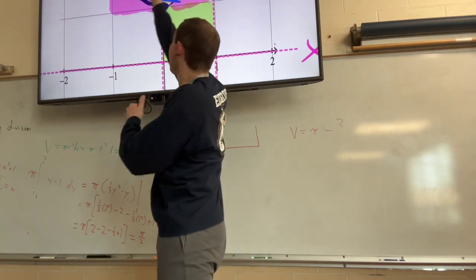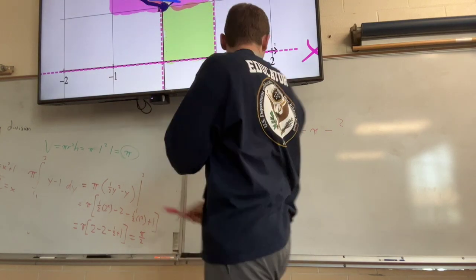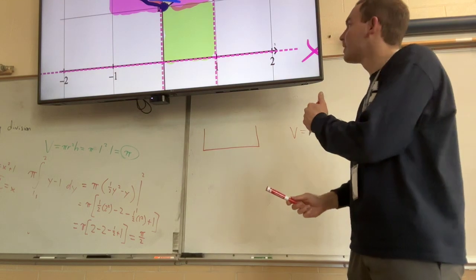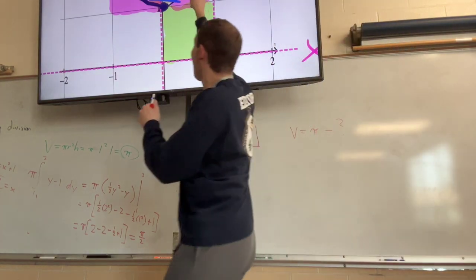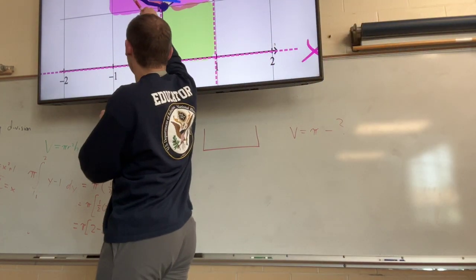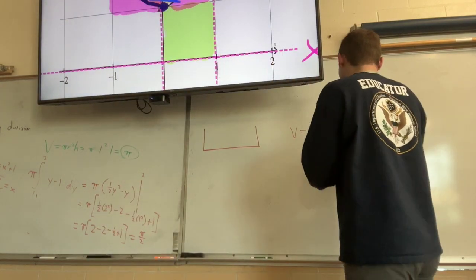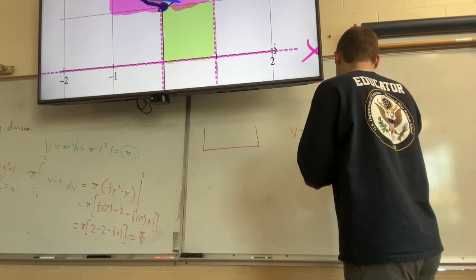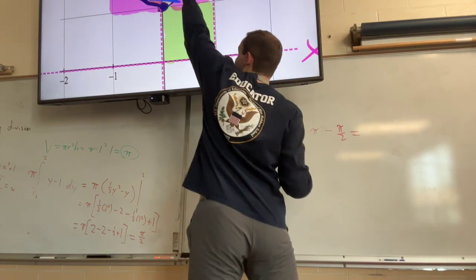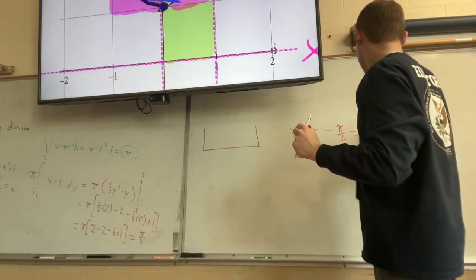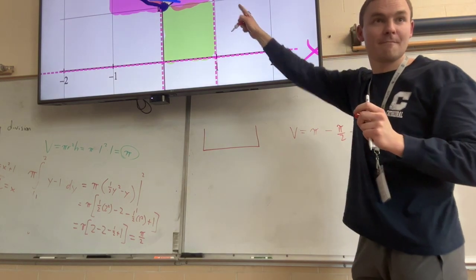The whole cylinder up here was just pi, right? So we're going to take this whole thing, the pink and the orange, and subtract the orange from it. So the area of the orange is pi over 2. So the volume of that whole top half, that's just the pink region, yeah.